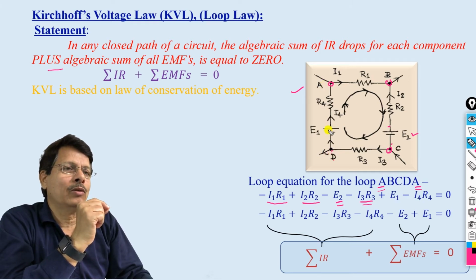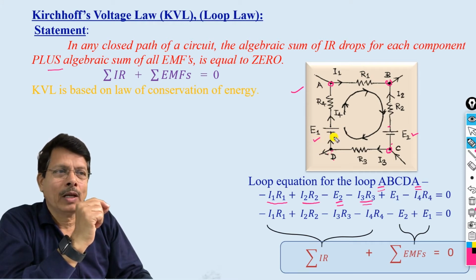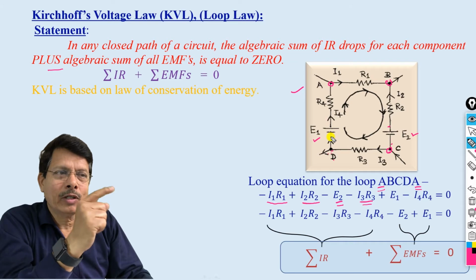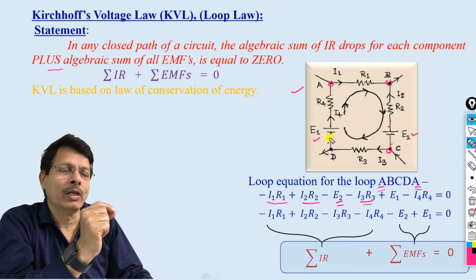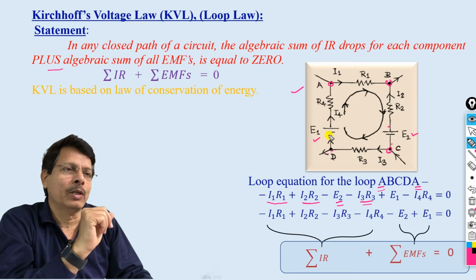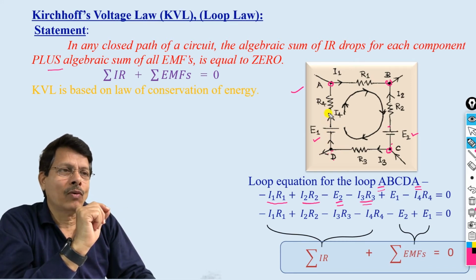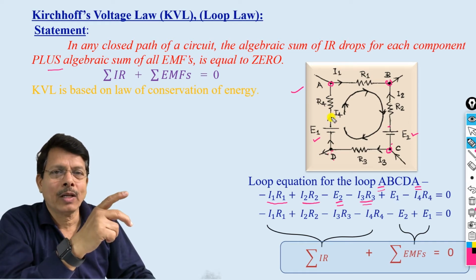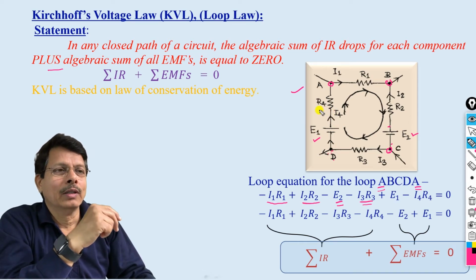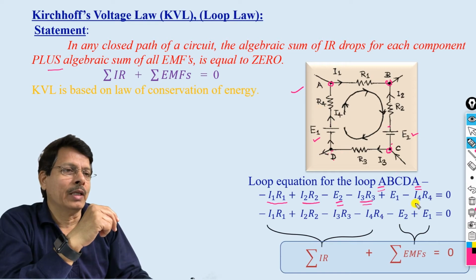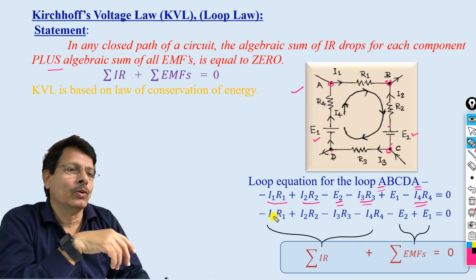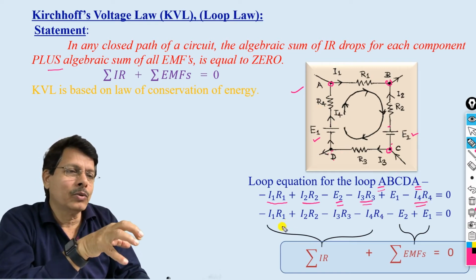From D to A you will find first the EMF source E1, and you are going from the negative terminal to the positive terminal, and there is a rise in potential, therefore it should be taken with a plus sign. And then we have the last component, R4, and the current flowing through that is say I4, and therefore that should be taken like this. So you bring all the IR terms together.